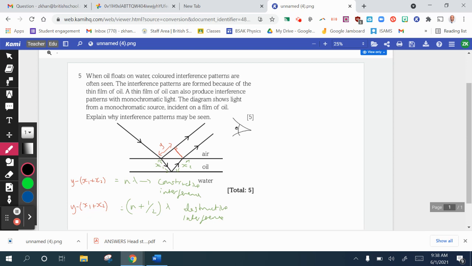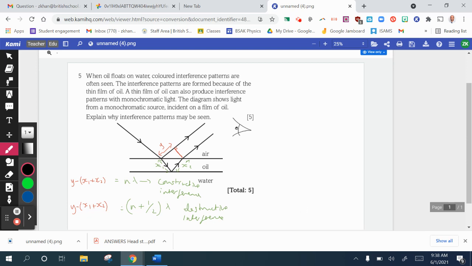It's 5 marks. Okay, so the first mark will be considering that light hits the air-oil boundary and reflects. Second mark, some part of that light will enter the oil and refract. At the oil-water boundary, what do we get? Total internal reflection. And then the next mark will be the air-oil boundary.